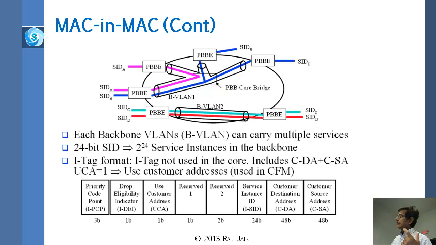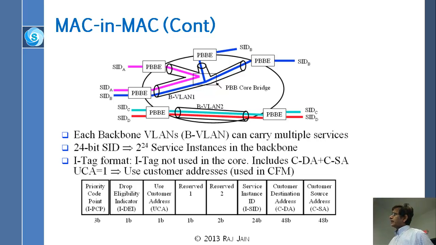This is generally used only in CFM. So when you want to do connectivity fault management, then you want to check how far your traceroute is going, or how far your ping is going. You can use that bit set, and it will go to the customer address as well.